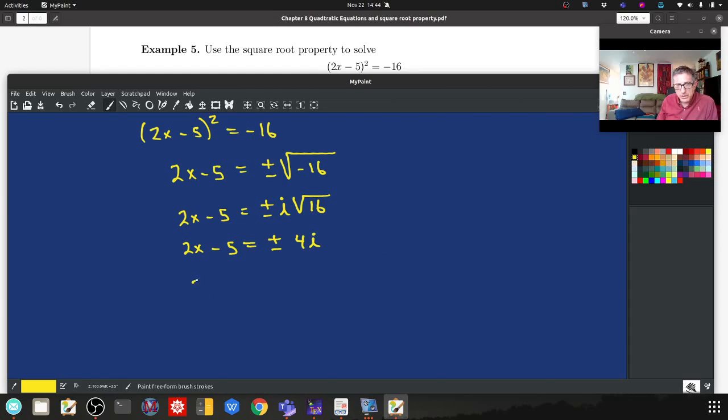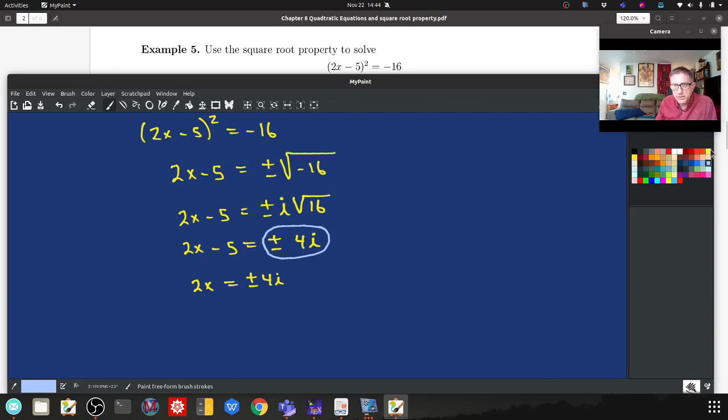So let's go ahead. That means I've got to solve for x, because that's what we're doing, right? So I'm going to add 5. So the plus or minus, here's the thing you have to remember, only applies to this quantity right here, 4 times the imaginary unit.